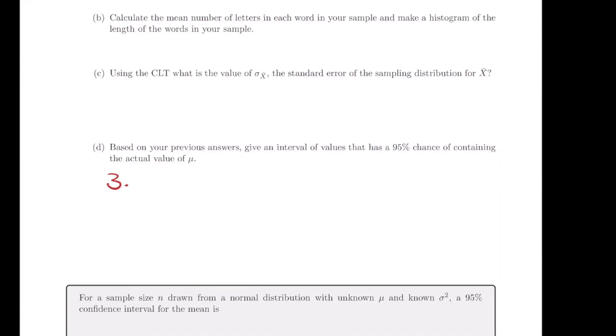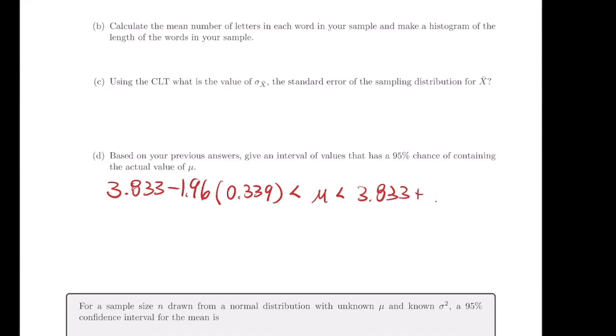So we had a mean of 3.833, and we went minus 1.96 times the standard error. That gave me a lower cutoff for this interval, and then we go above by 1.96 standard errors.